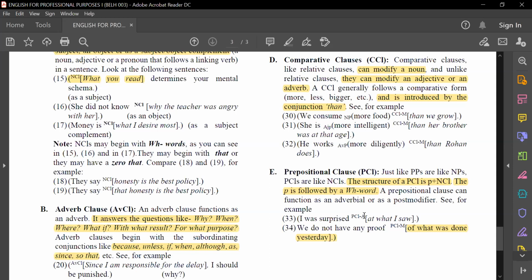And for that reason, you are using this prepositional clause to identify or to modify what you have actually said earlier. Okay, so in a nutshell, all the clauses which we have seen, the types of clauses within the clauses, all of them are dependent on the independent idea.